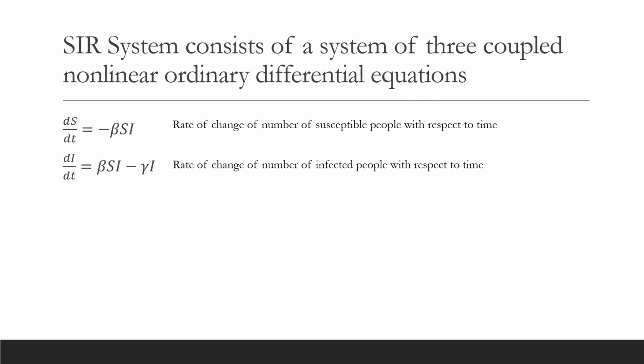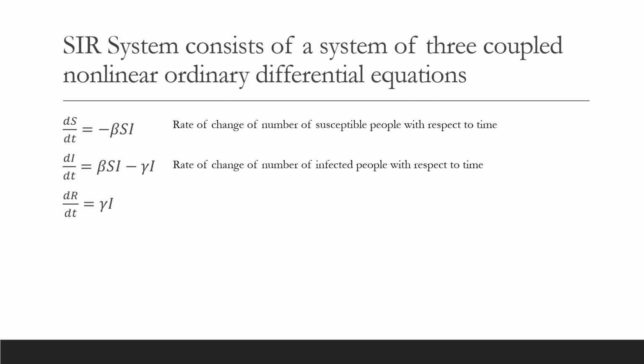And further, when the infected people either recover because of getting treatment or because their immune system comes into play, or they die, then there is a loss of infected people, and hence it is denoted by minus gamma I. Once infected, we would like to keep this transition from I to R very fast, and we would like all of them to be recovered.